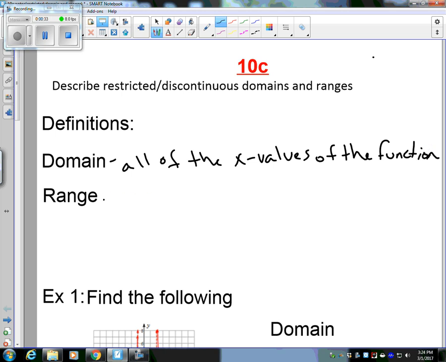And range is the same as the domain, except it's all the y values. So we're describing all of the y values of the function.